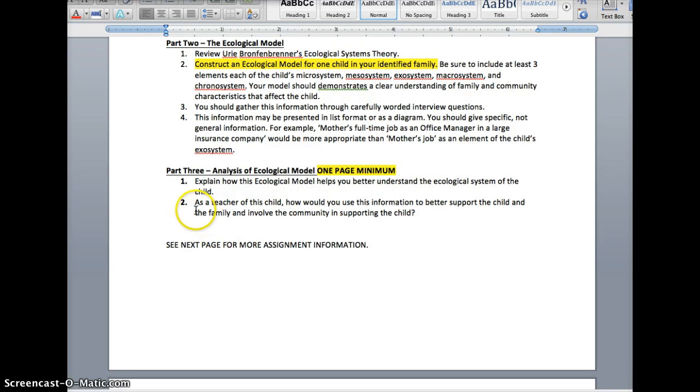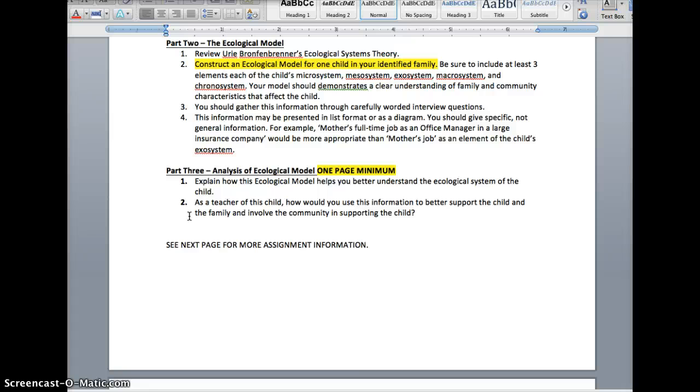And then the second part, very important, so as a teacher of this child, how would you use this information to better support the child and the family and involve the community in supporting the child? Well, in that example I just gave, how well the mom and teacher get along, it lends itself directly well to this question. You could try to improve that relationship.